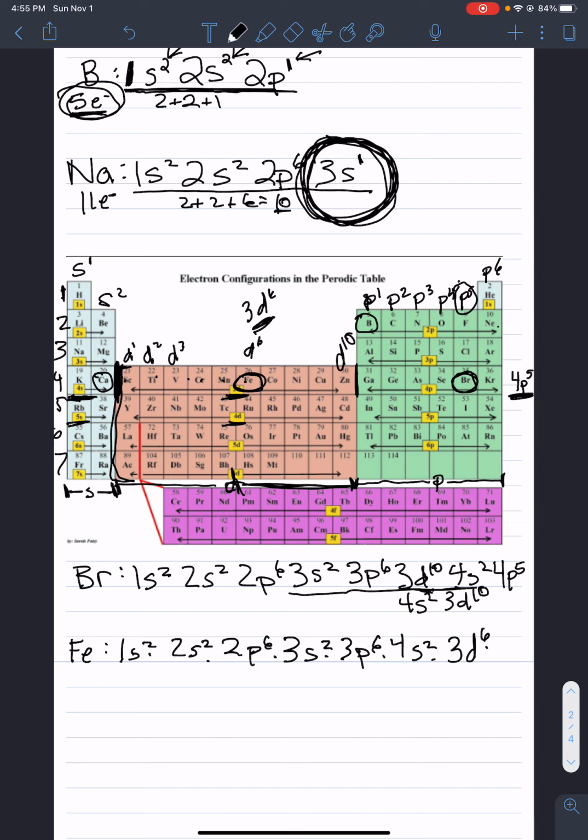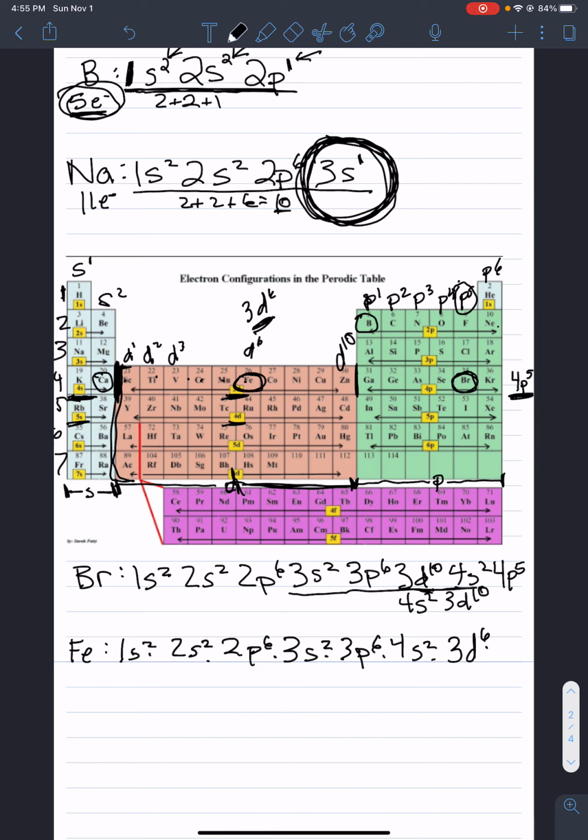There's also another thing that we're going to learn for this class, is that this is kind of long. If I were to ask you to write out an electron configuration for oxygen or carbon or something on the first couple rows, that's not too bad. But if I ask you to write out for something that is down here, it's going to have lots of different numbers and letters and it's kind of confusing.